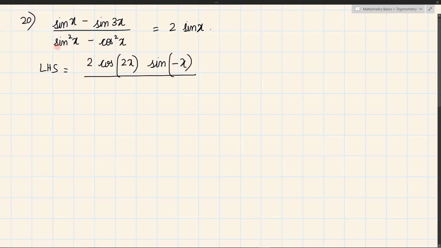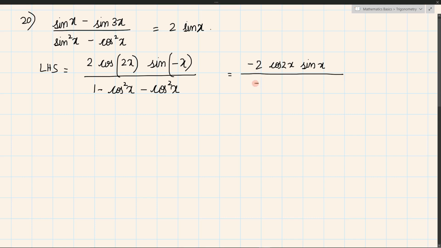So I'll convert the sine square to cos. I'll have 1 minus cos square x minus cos square x. So this is nothing but 2 minus 2 cos 2x into sine x, because sine of minus x is minus sine x, whole divided by, I'll also take minus common in the denominator.